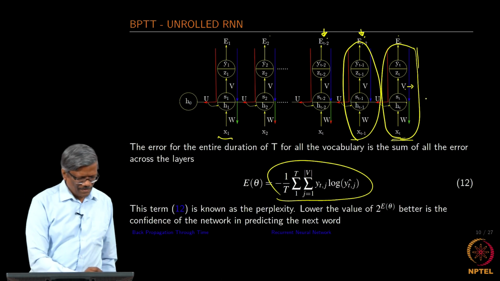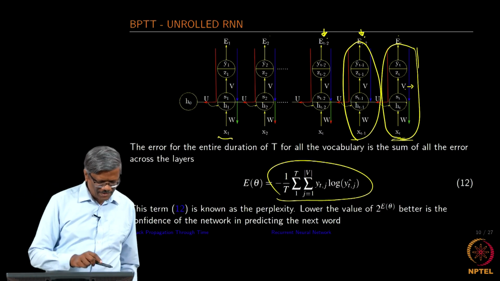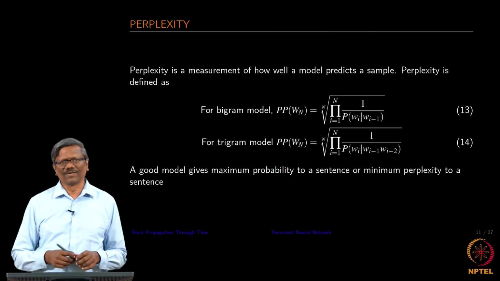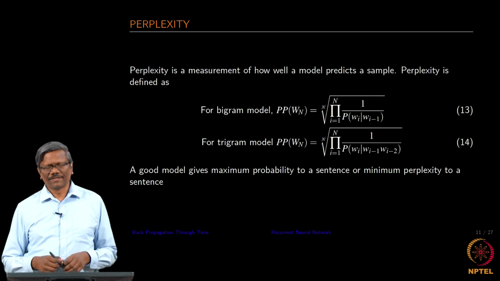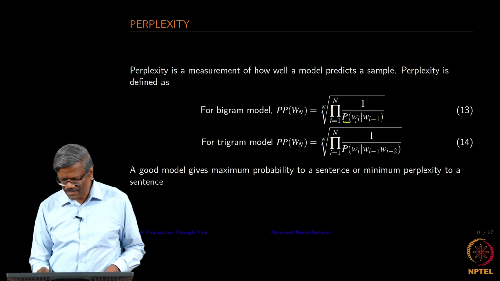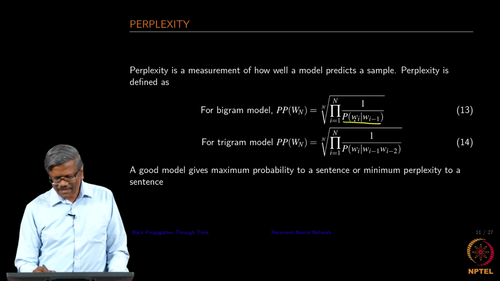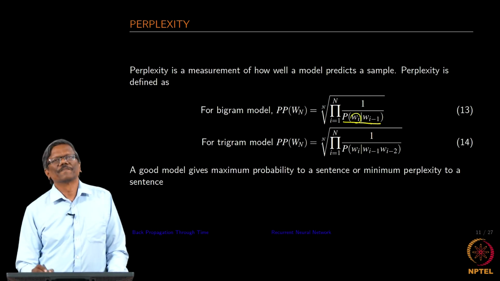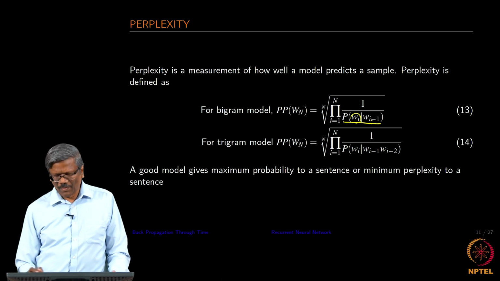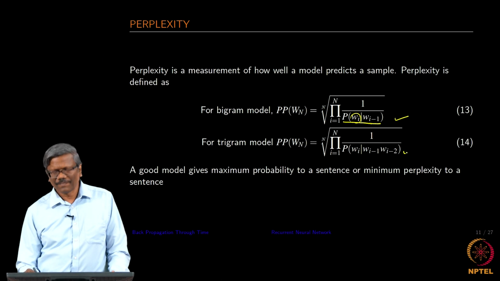Okay. So, let us take a look at what this is in terms of the probabilities. I am sure you remember this, right. Probability of predicting this word i given i minus 1, or this is for the bigram, right, and this is for the trigram.